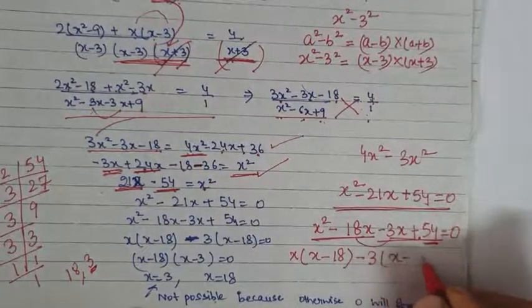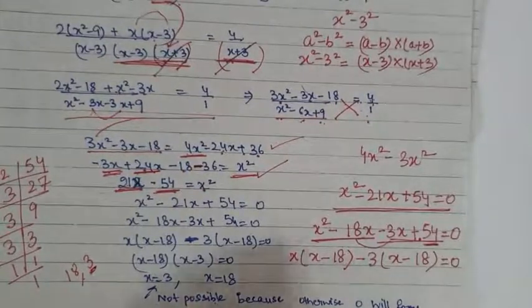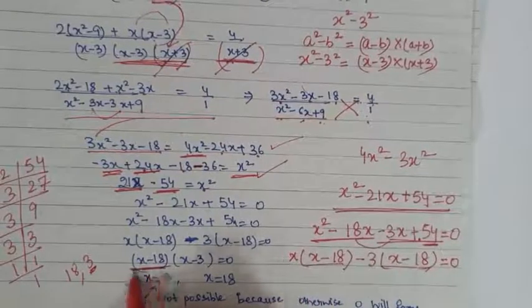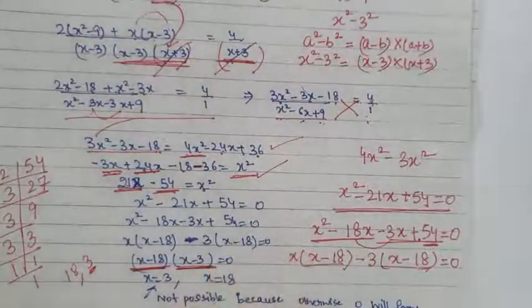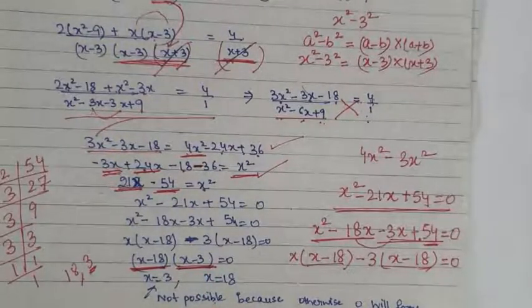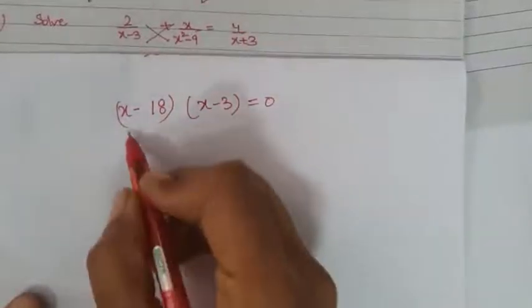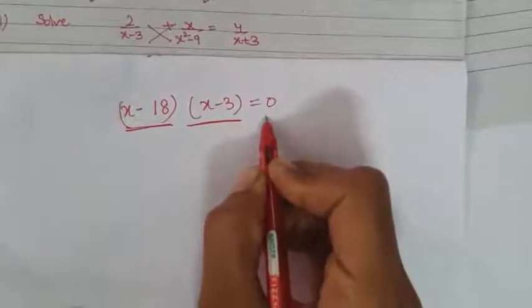So x minus 18 is equals to 0. Take x minus 18 common, I'm left with x minus 3. Now children, this step is very important. We get x minus 18, x minus 3 equals to 0.